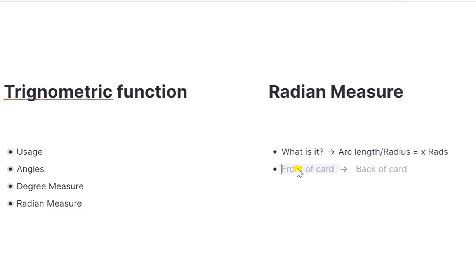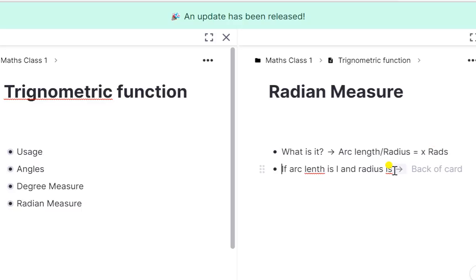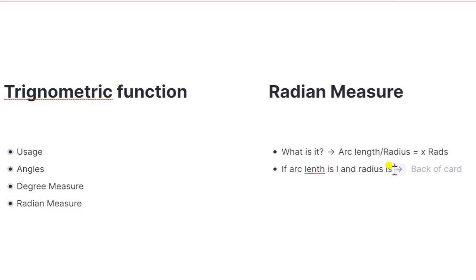If arc length is L and radius is R, then what is the value of L? What is the measure of L?